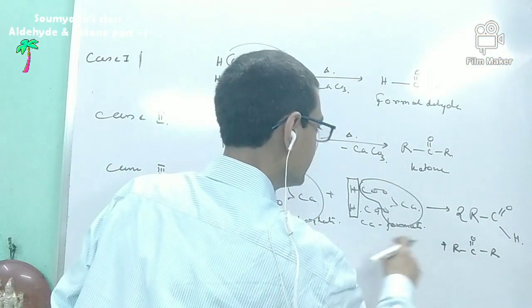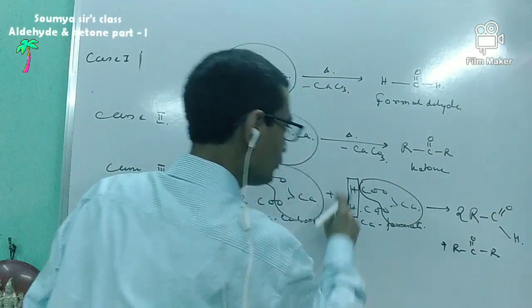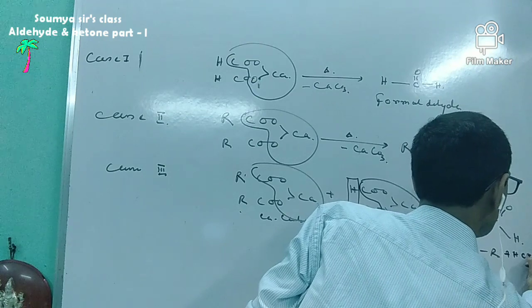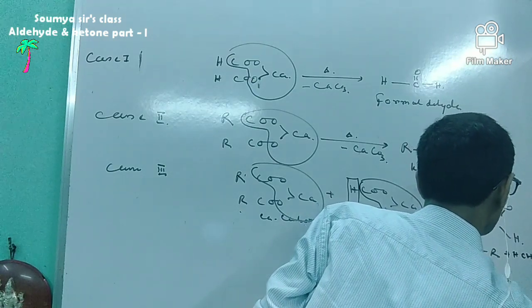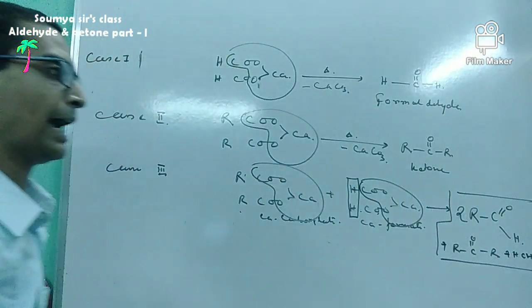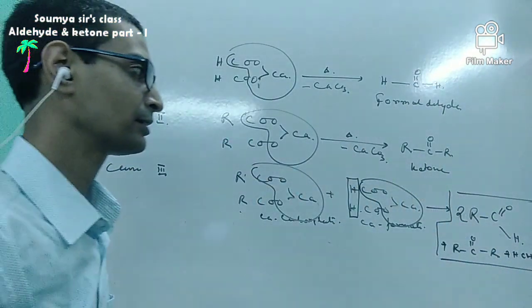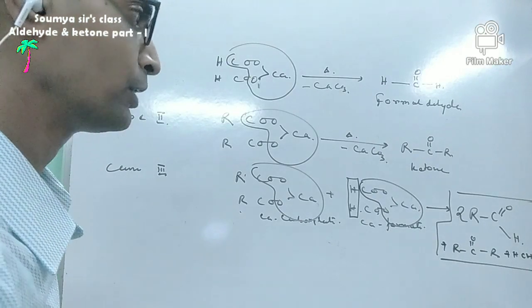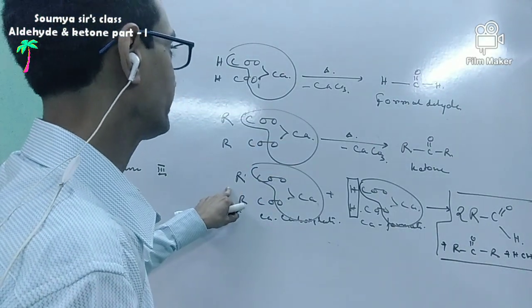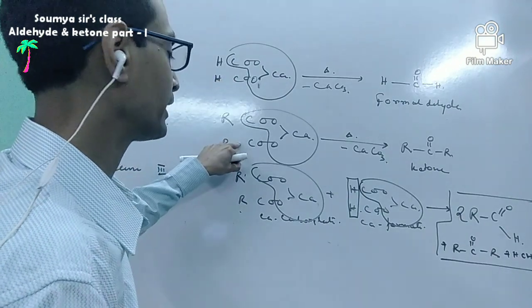So technically it is actually a mixture of three things: one is a generalized aldehyde, one is ketone and another is formaldehyde. So case 3 is actually the combination of case 1 and case 2 along with the new product aldehyde.